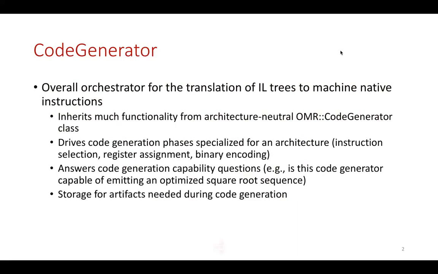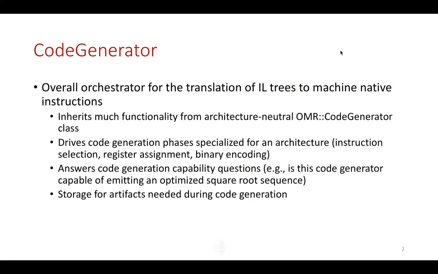It's really responsible for driving the code generation phases that have been specialized for a particular architecture. The main ones here are instruction selection, the translation of IL into instructions, local register assignment, and binary encoding, so taking assigned instructions and turning them into the binary encoding appropriate for a particular architecture.